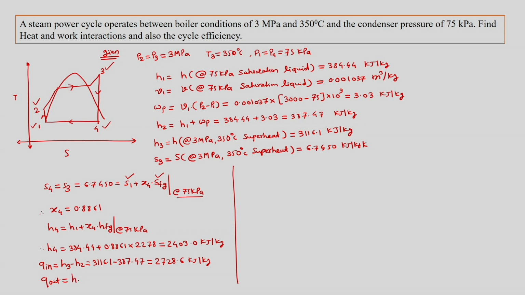Similarly, Q out is H4 minus H1, and we have H4 2403 minus H1, which is 384.44. So Q out is 2018.6 kilojoule per kg.